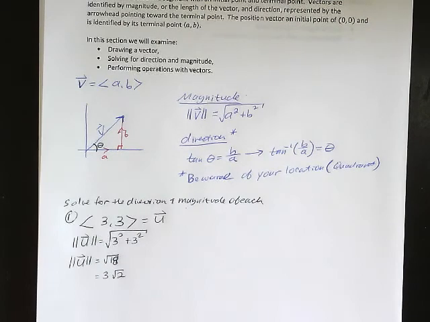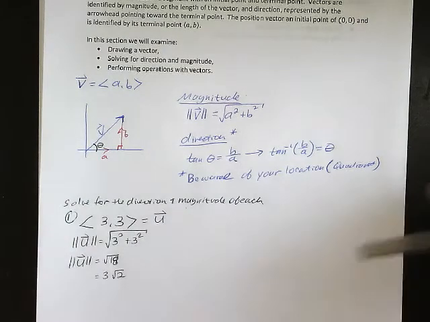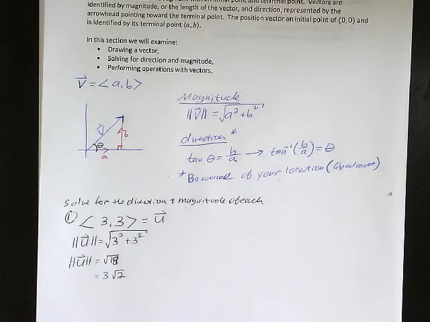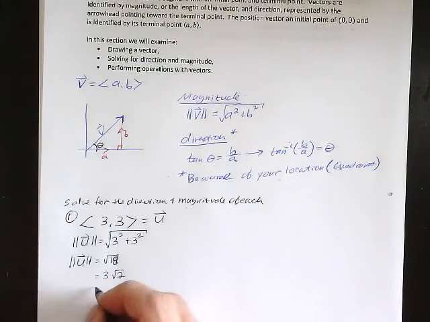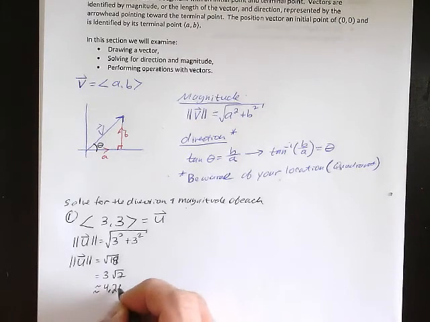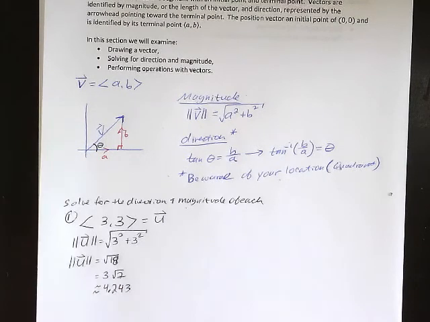Or 3 radical 2, if you go back and look at how to reduce radicals. Or you could say it's 4.243. Okay, so that's the magnitude.